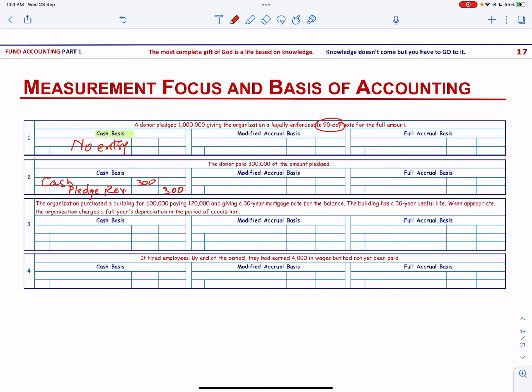So we are going to debit building expenditure, and not building expense, by 120,000 because this is the cash transaction in the whole transaction.